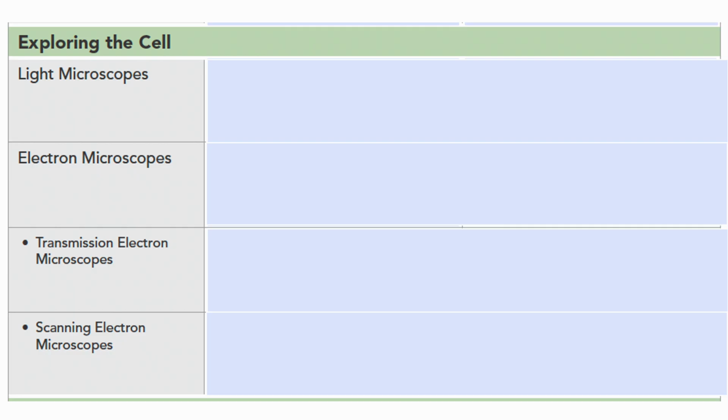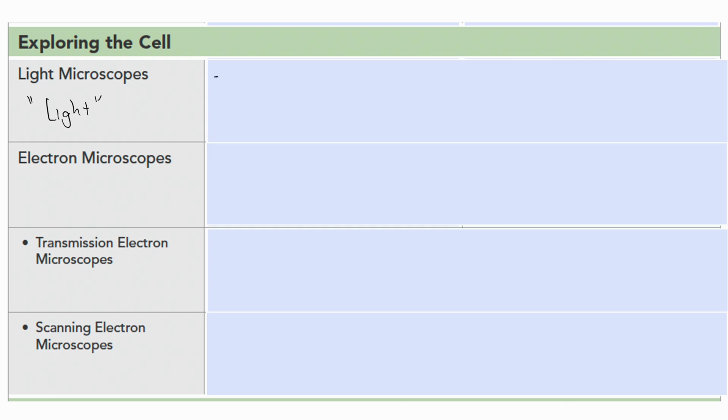So now let's see, when people are exploring cells, what do they use? What we start with here is the light microscope. Obviously, the light microscope uses light in order to see an image. There's usually a light source down at the bottom. It shines up through the specimen, and you're able to see it.